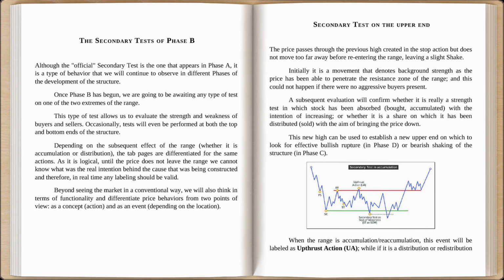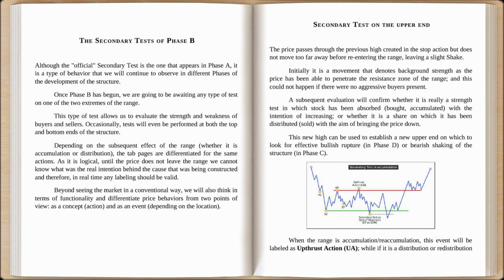Beyond seeing the market in a conventional way, we will also think in terms of functionality and differentiate price behaviors from two points of view, as a concept, action, and as an event, depending on the location. Secondary test on the upper end. The price passes through the previous high created in the stop action, but does not move too far away before re-entering the range, leaving a slight shake.